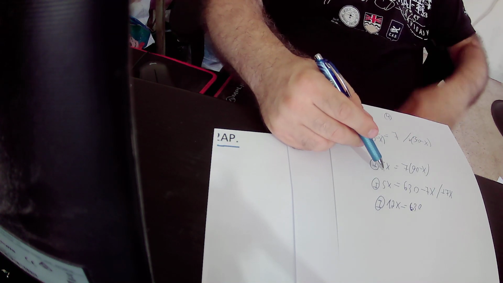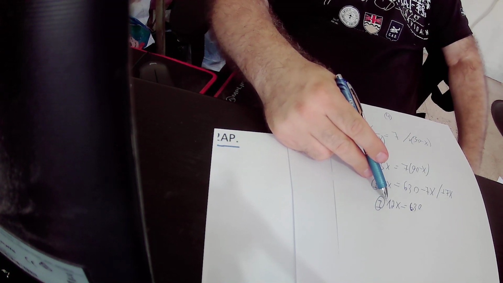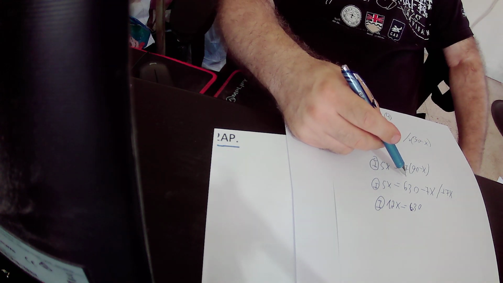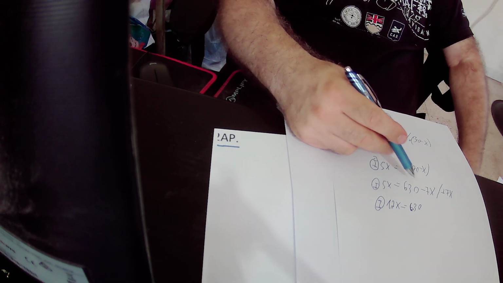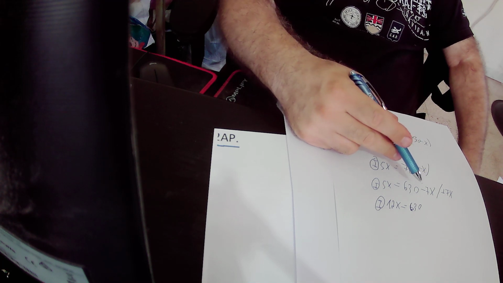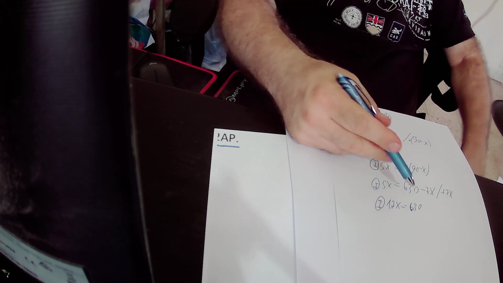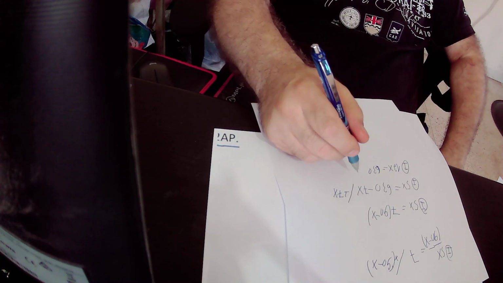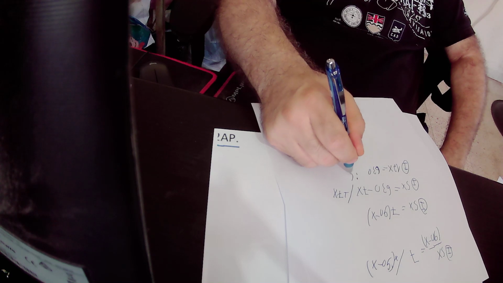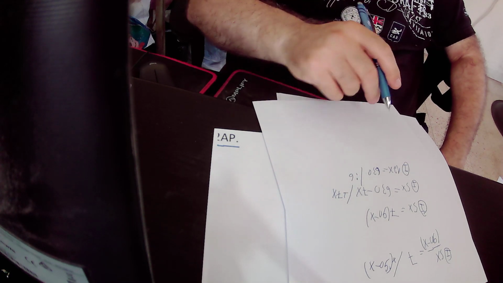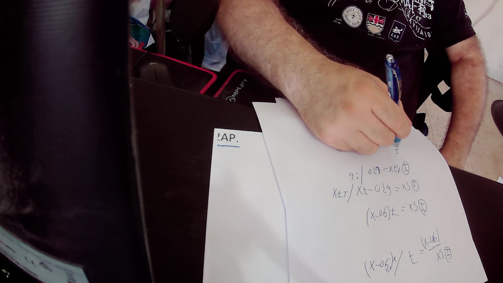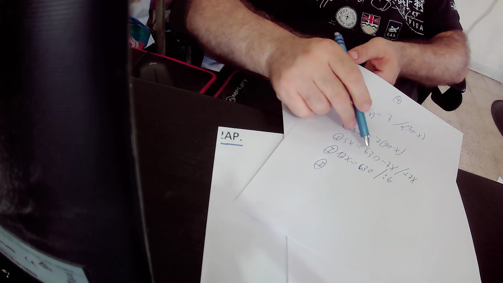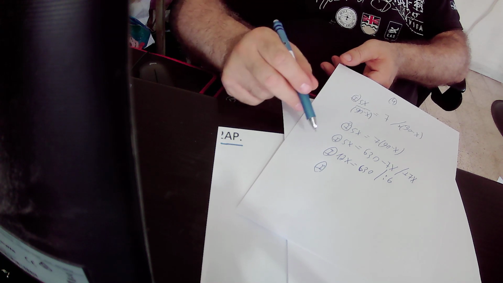Again, 5x plus 7x equals 12x, and 730 minus 7x plus 7x equals 630. Now we will divide both sides of the equation by 6.